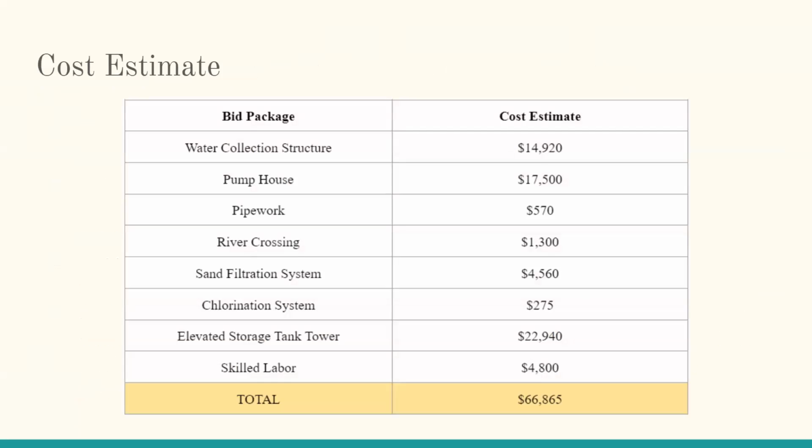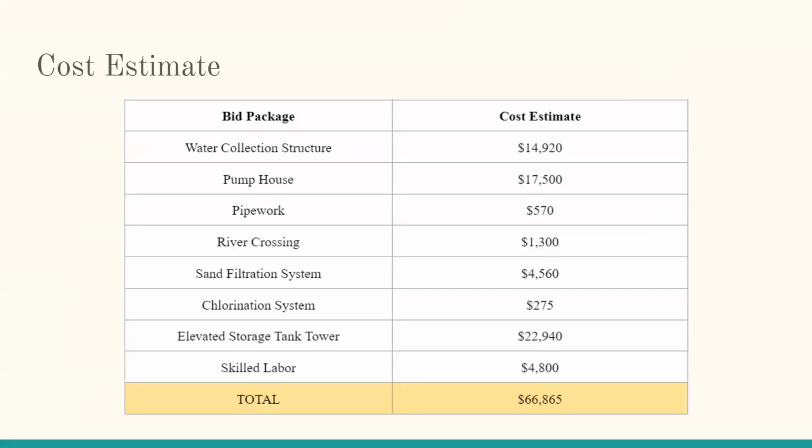Here's our cost estimate broken down by our major bid packages. As you can see, a lot of the structures are our most expensive components, as that requires a lot of expensive materials. Our cost estimate is based on United States pricing from RS Means. This is what KRV used, and in order to create an accurate comparison, we wanted to continue with that.